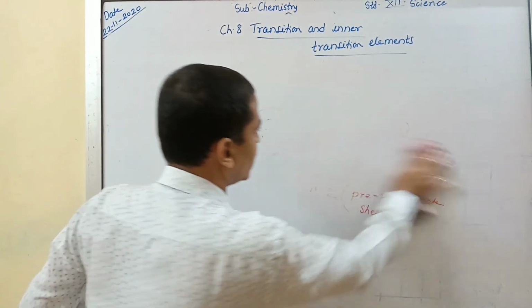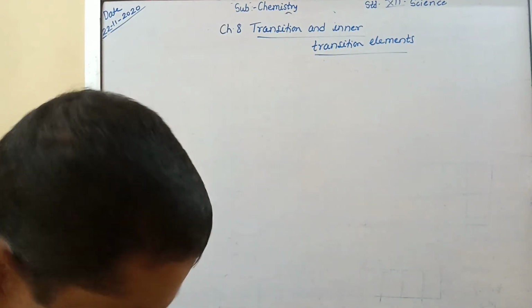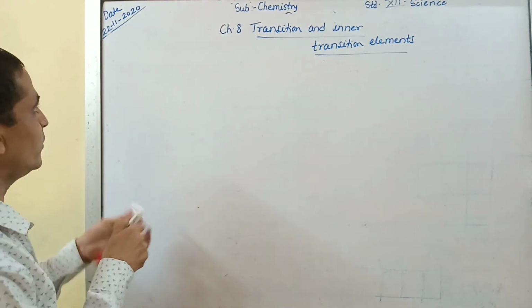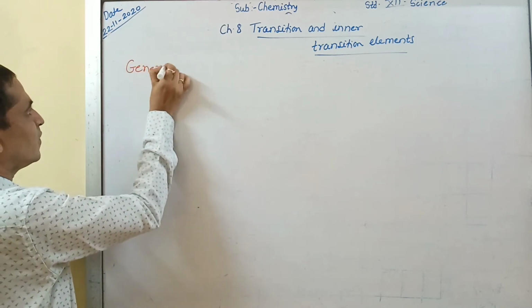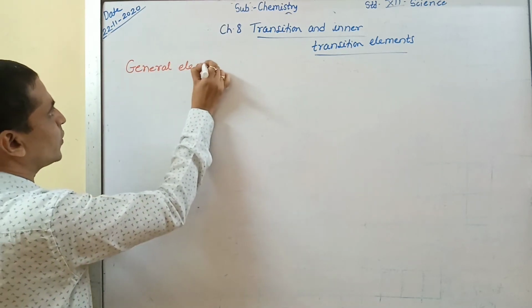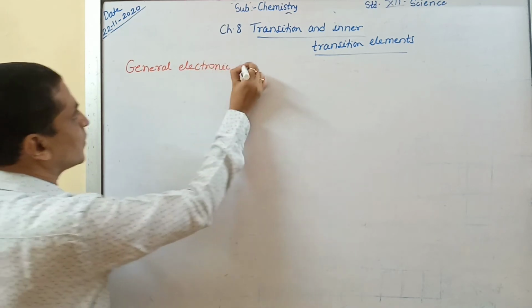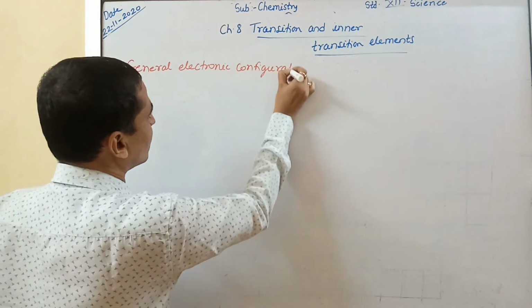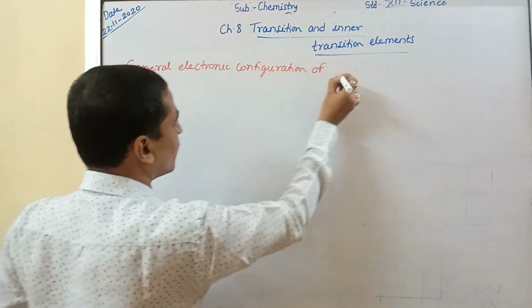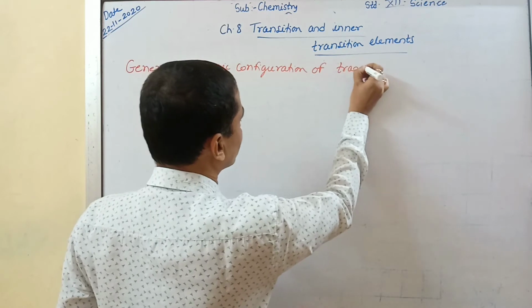Now come to the electronic configuration of transition elements, or you can say d-block elements. First we write the general electronic configuration of transition elements.